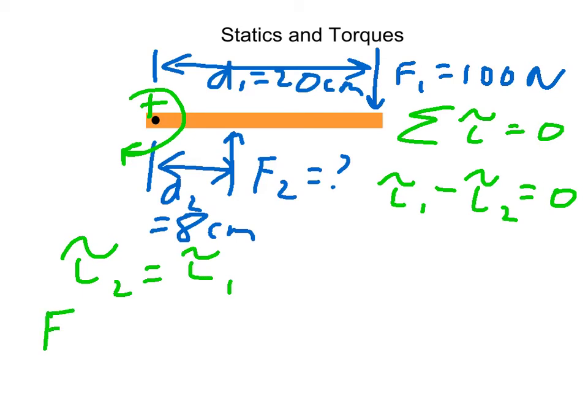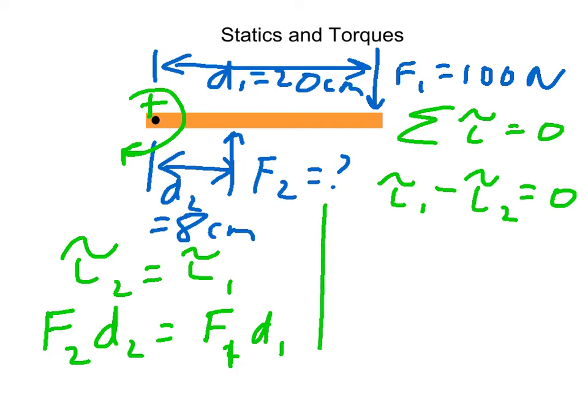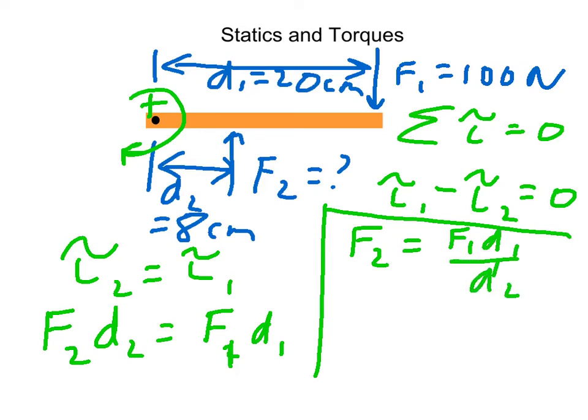Now we have F2 times D2 equals F1 times D1. We're after finding the force 2 to balance it, so let's bring the D2 over the other side, so it's F1 D1 over D2, and that equals 100 newtons.